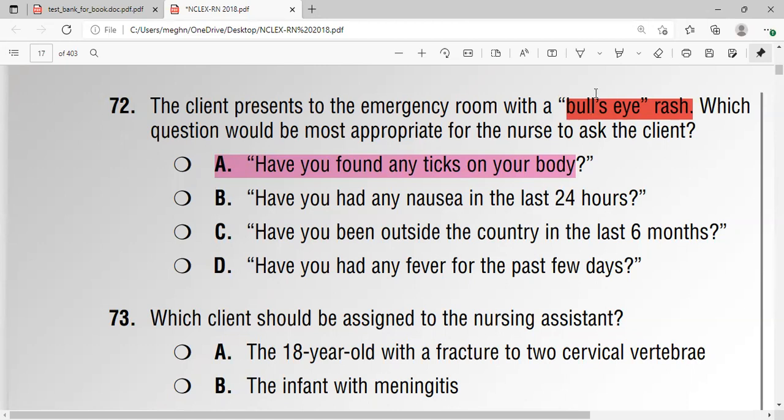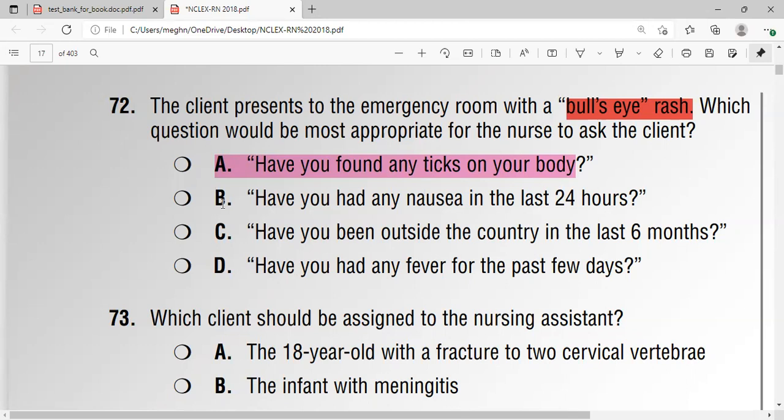And the rash is supposed to look like a bull's eye. Again, I'm repeating: temperature, headache, nausea, and a characteristic skin rash.